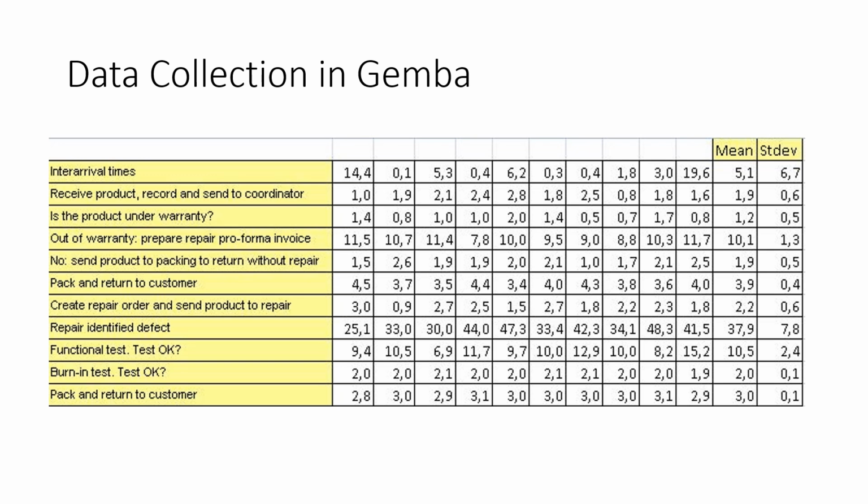We need to measure inter-arrival times and process times for each process step. To do that, we take 10 measurements of each in Gemba and calculate the average and standard deviation.